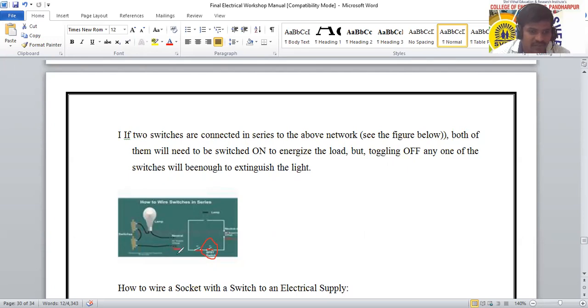Series मध्ये positive terminal of the supply, it can be connected to one terminal of the switch. Next terminal of the switch it is connected to another terminal of the switch, then next terminal of the switch it is connected to load. Okay, and load next terminal, that is negative terminal, it is connected to negative terminal of the supply. Supply च्या negative terminal ला connect केले.